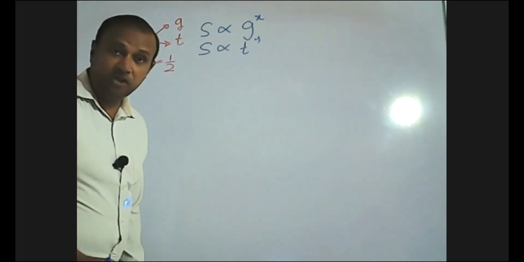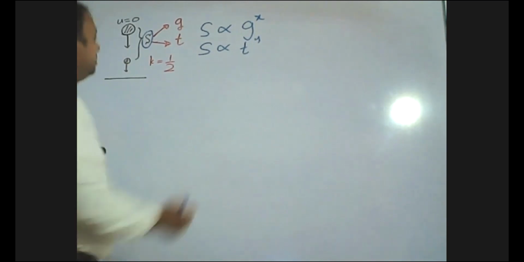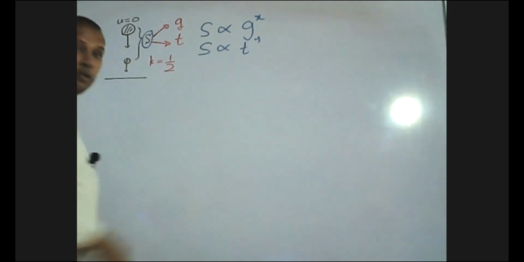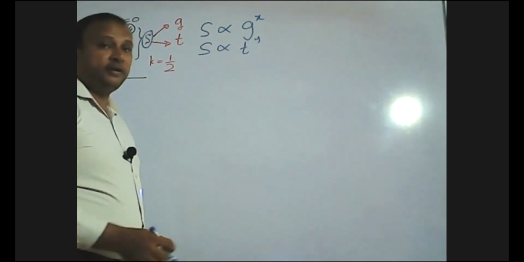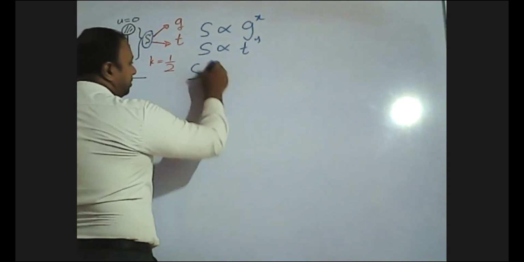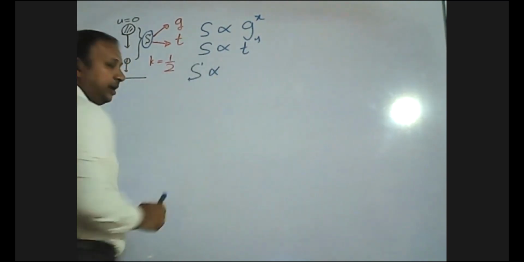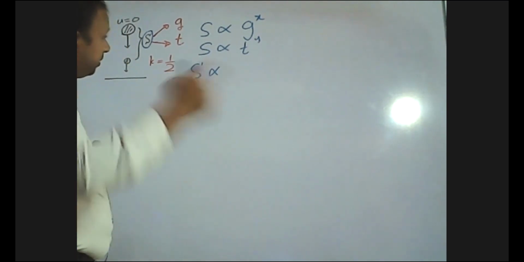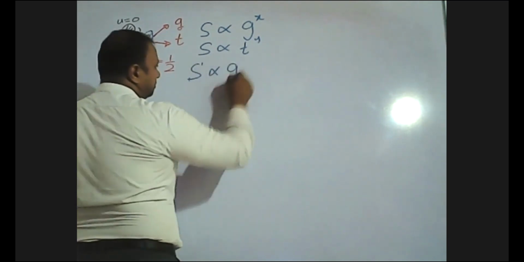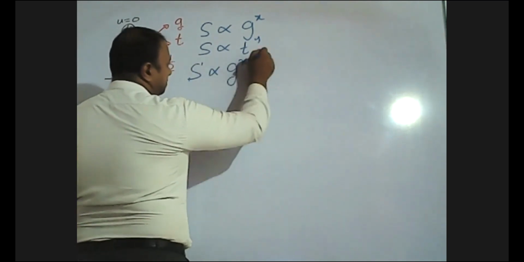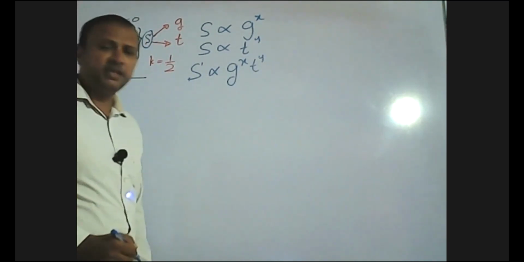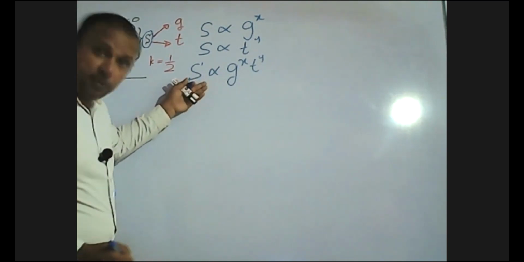After that, I can combine these two relationships. If any physical quantity is directly proportional to more than two physical quantities separately, I can write it as a product. This physical quantity is directly proportional to the product of the other physical quantities. This is my assumed relationship.